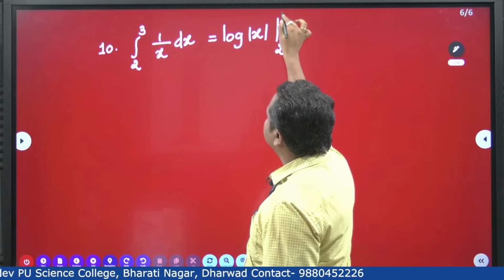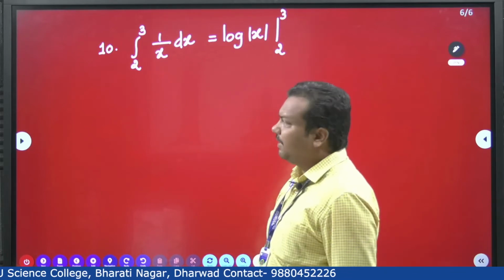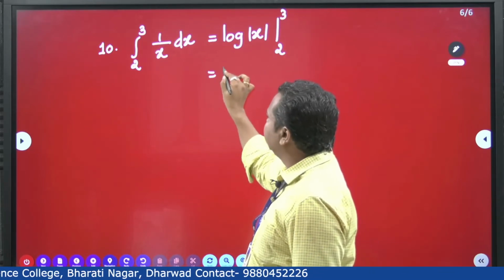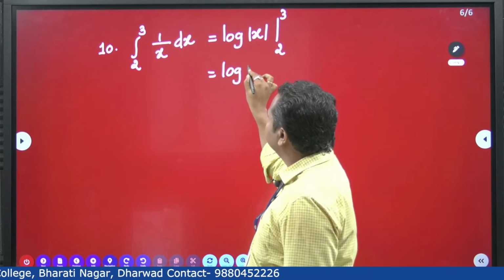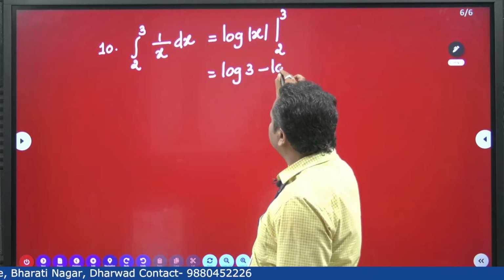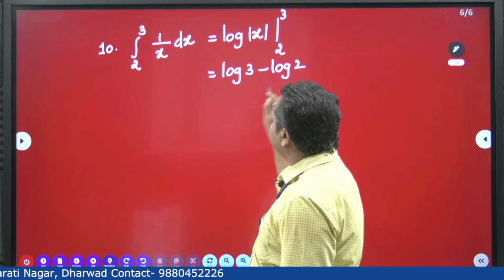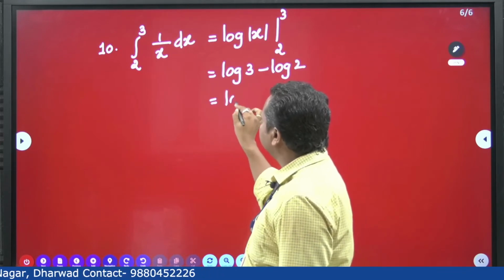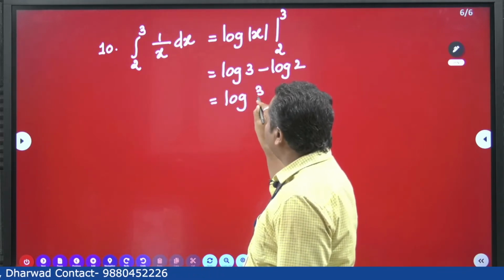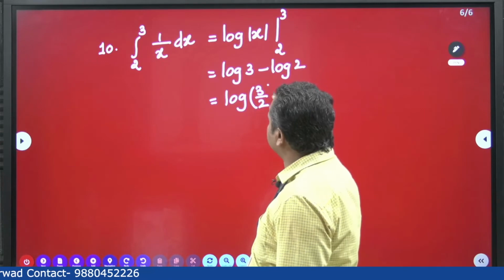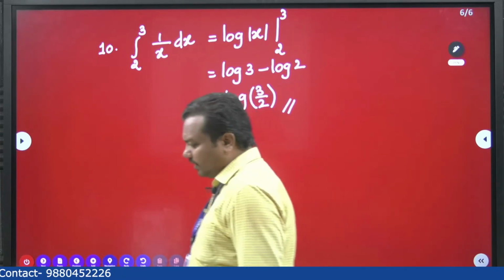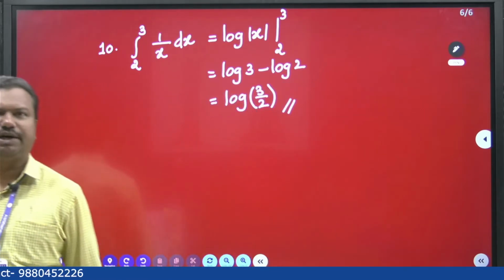Let me just substitute the upper limit and lower limit. So what will be the answer? Log mod 3 is nothing but log 3, log mod 2 is nothing but log 2. This is in the form of log m minus log n. Therefore, what should be your answer? Log m by n. That is log 3 by 2 is the right answer.